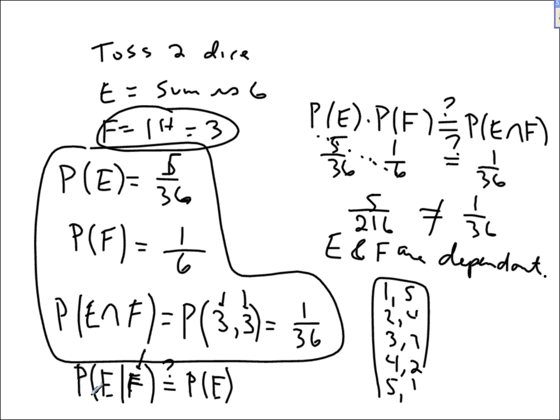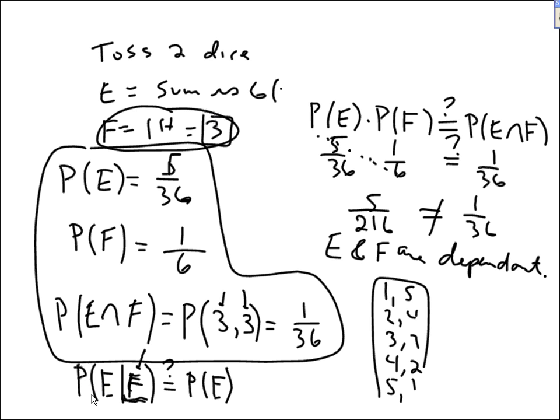But if the first is a 1 or 2 or 3 or 4 or 5, that second roll can end up having the sum being 6. Knowing what the first toss is has an effect. Notice I didn't stress the fact that F was first is 3. Just knowing the result of the first, in this case, had an effect.